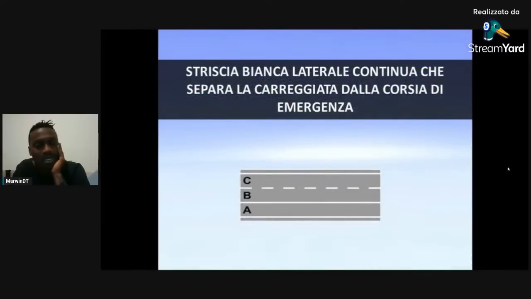Striscia bianca laterale continua che separa la carreggiata dalla corsia di emergenza. I repeat, striscia bianca laterale continua che separa la carreggiata dalla corsia di emergenza.